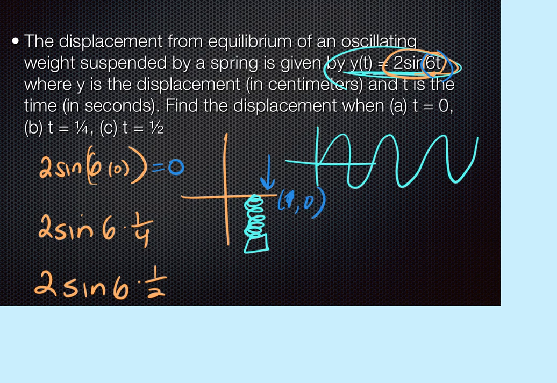What's the sine there? 0. So this whole thing is really just 0. 2 times 0 would give you 0. You don't even need your calculator for that. 2 times the sine of 6 times 1/4 is 1.99498, so actually that rounds to 2.0. And 2 times the sine of 6 times 1/2 is 0.2822.